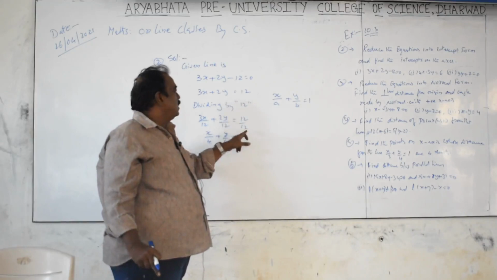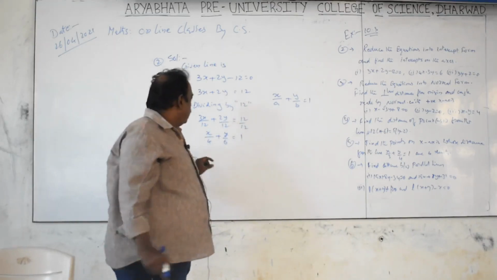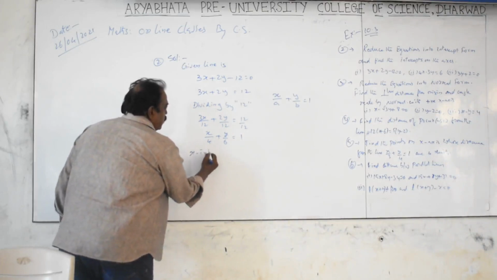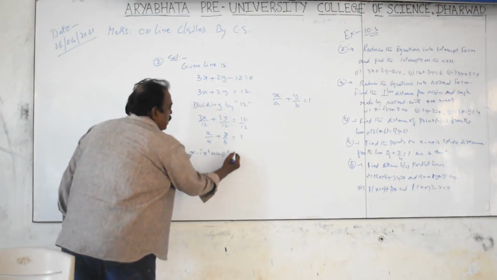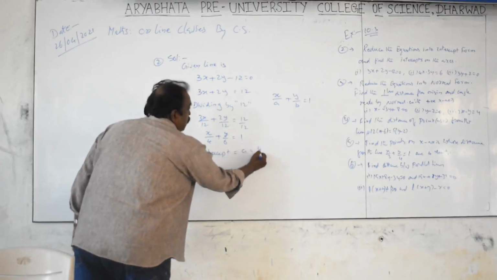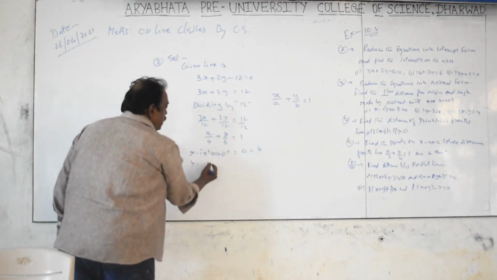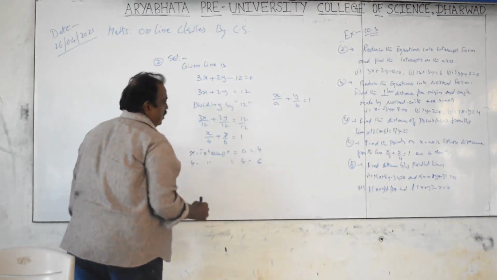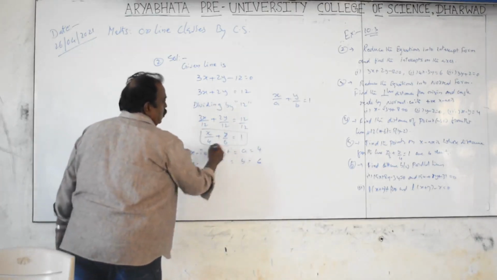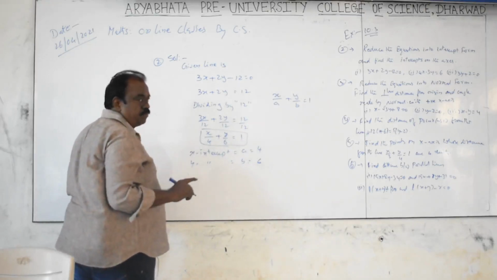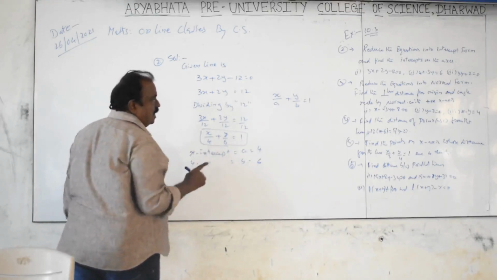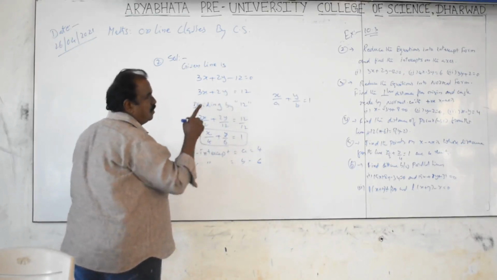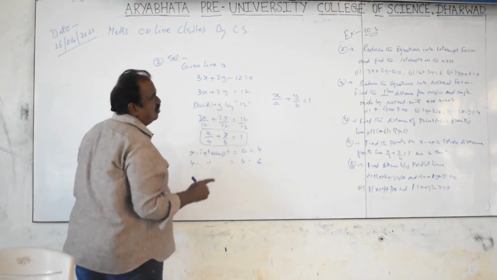Then only we can get the 1. Then here, x-intercept, that is A, it is 4. And y-intercept, that is B, in the place of B, 6 is there. So we reduce it into intercept form, and also we find the intercepts on axes, the x-axis and y-axis.